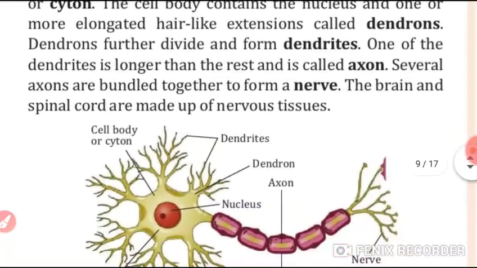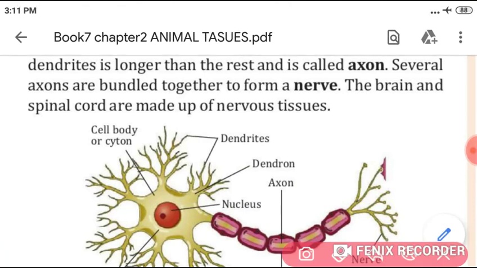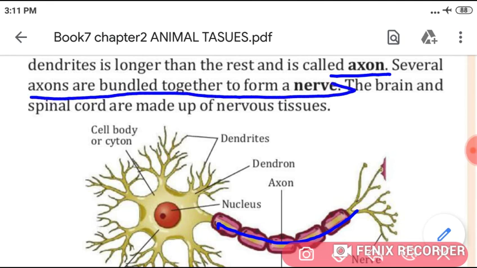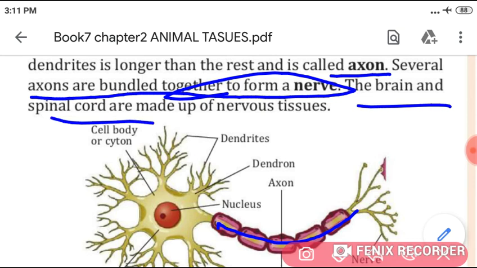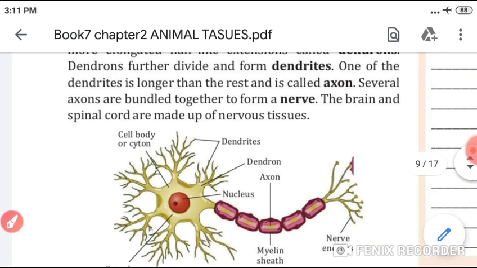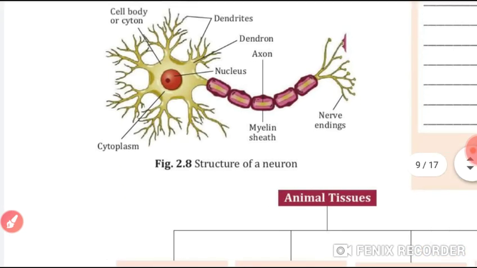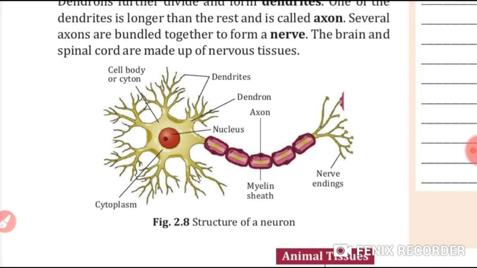One of these dendrites is longer than the rest of the other dendrites, and that is called what? Axon. Here you are looking, students, here, this one. Okay, several axons are bundled together to form a nerve. The brain and the spinal cord are made up of what? Nervous tissues. Okay, students.